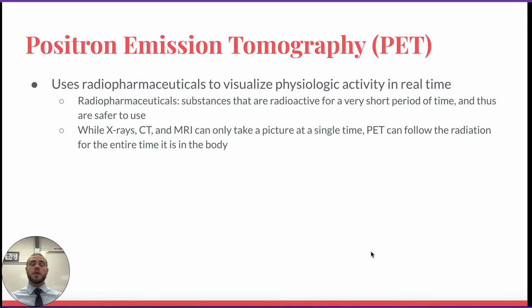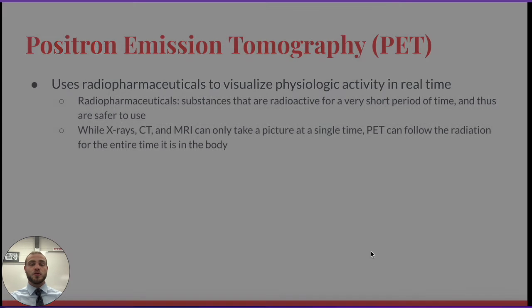What's cool about PET is that X-ray, CT, and MRI are only going to take a single picture at a single time. With CT, it's going to take those single pictures at multiple times and at multiple depths. But PET can actually follow that radioactive material for the entire time that it is in the body and that it is radioactive.